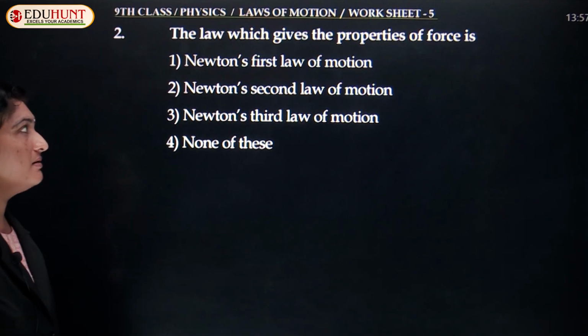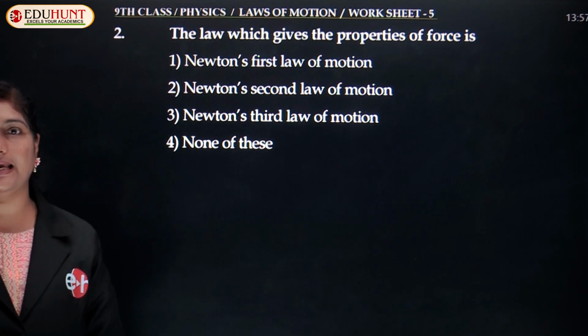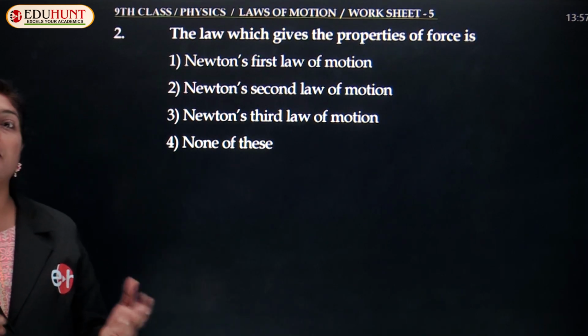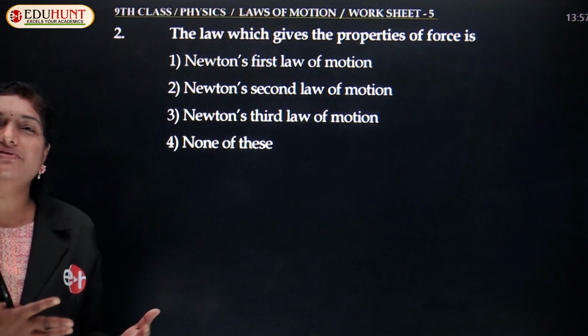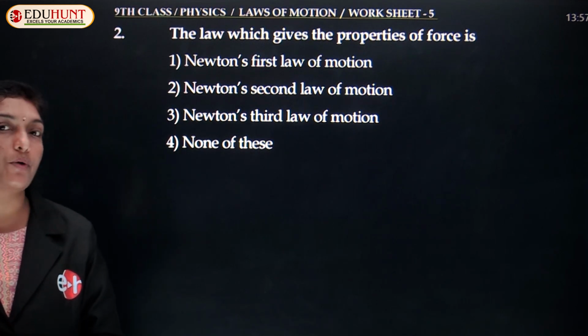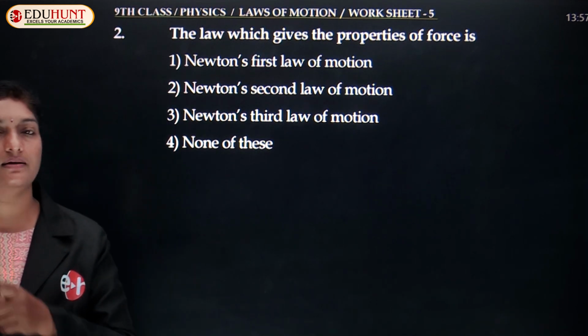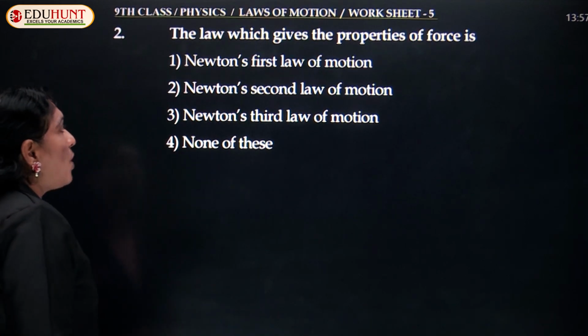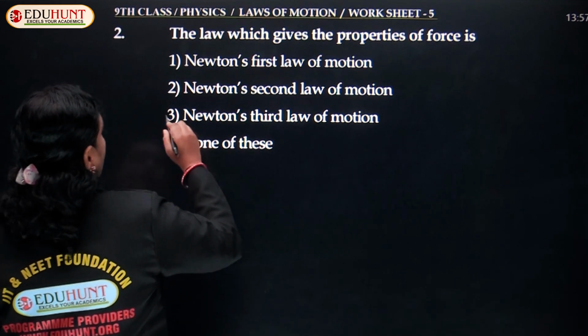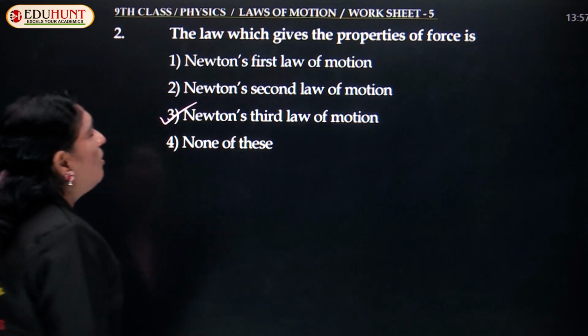The law which gives the properties of force is... Action, reaction, pair of bodies, opposite direction, everything is related to a property. This property we learn in Newton's third law. So the law which gives the properties of force is Newton's third law of motion.